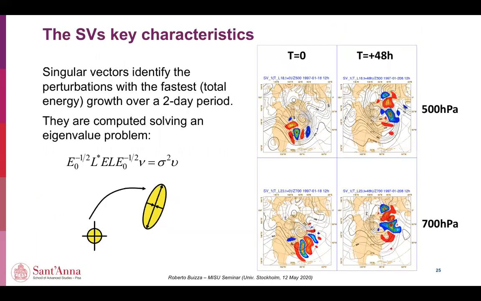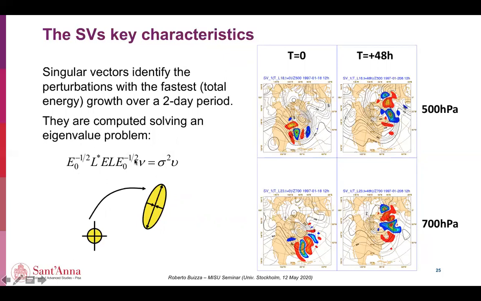Okay, so at ECMWF, just briefly to review how we have done it. We have decided to focus on trying to identify areas and patterns that could lead to large errors in the forecast. The way we have been identifying these structures, these perturbations at initial time, is by applying a linear technique and computing so-called singular vectors.